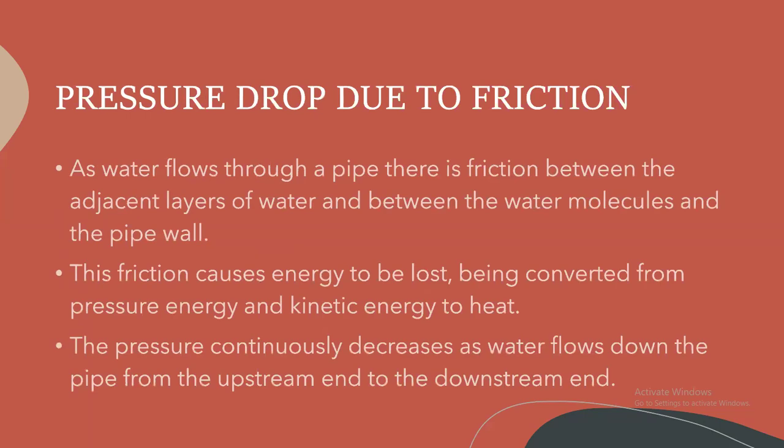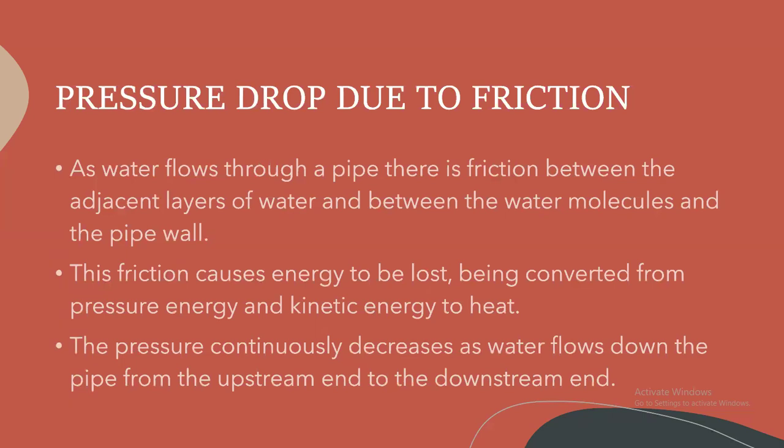So pressure drop due to friction. As water flows through a pipe, there is friction between the adjacent layers of water and between the water molecules and the pipe wall. The same applies when you kick your ball on the ground. As it's rolling along the ground, there's friction between your ball and the ground.